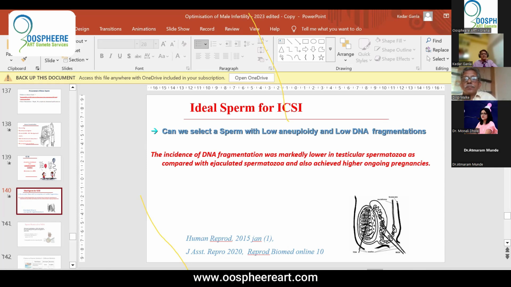Now, if this patient has had 3 repeated IVF failures in the past, then I will take the testicular sperm. Again, I will put them into this Sperm Mobile, identify the motile sperm, pick them up and do ICSI with motile sperm only.